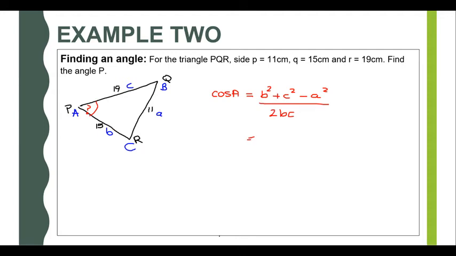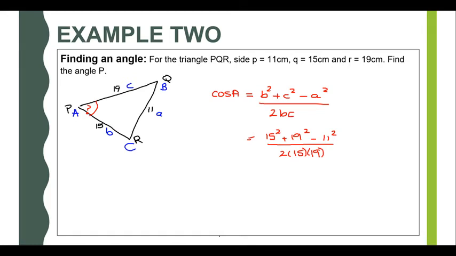We know that b is 15, so 15 squared. And we know that c is 19, so that's 19 squared. Take away a, which is 11, squared, divided by 2 times b times c.